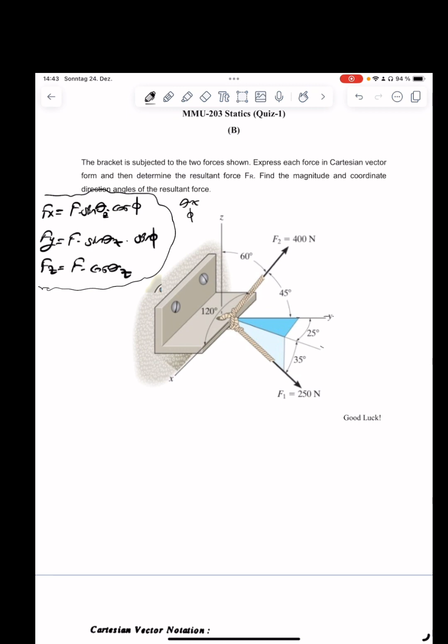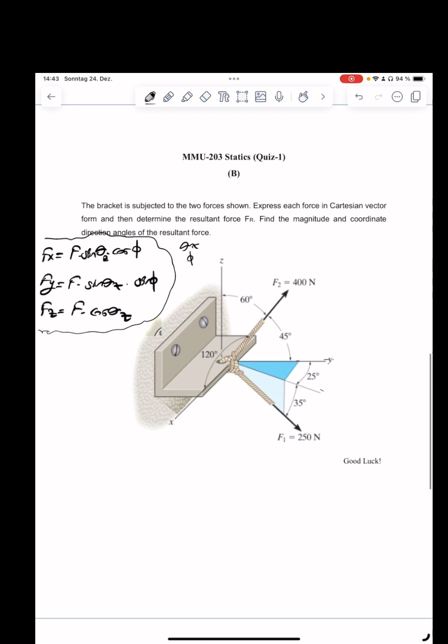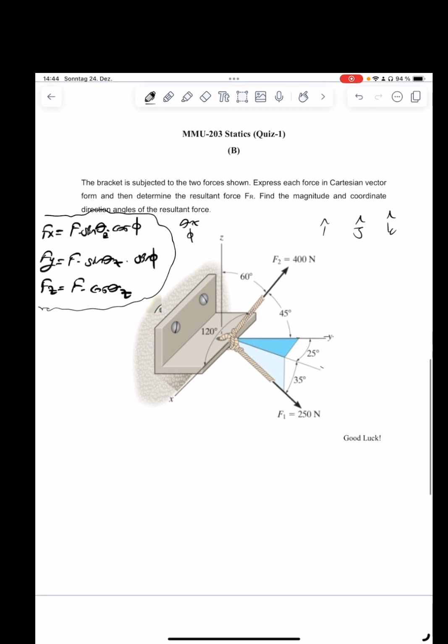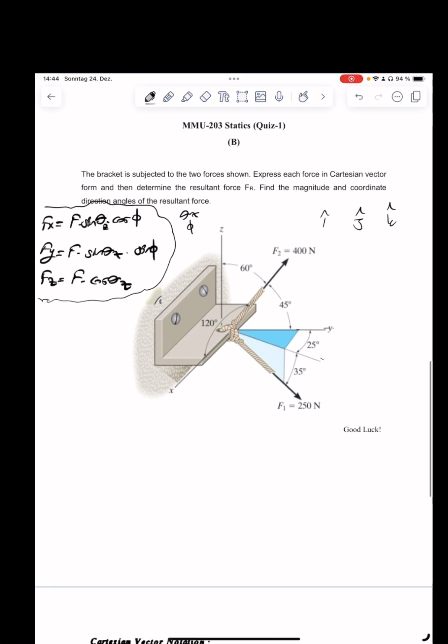Okay, I can say that we have i hat, j hat, and k hat. We have three unit vectors. They have direction and also magnitude.